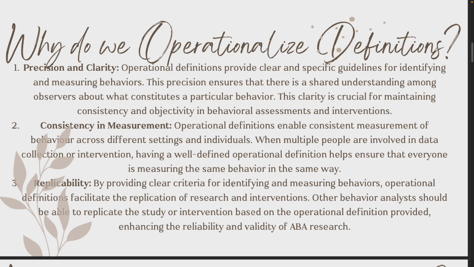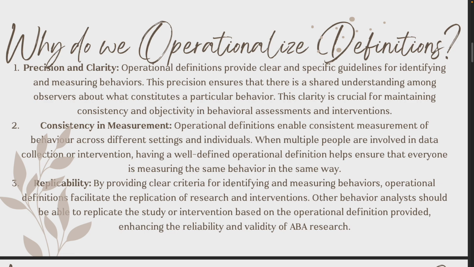So when we are defining things very clearly, this doesn't just mean behavior. This also means that when we write behavior plans or behavior reduction plans or anything else, our writing is always very clear, very measurable and observable, like I said before, so that anybody can pick it up and understand it.